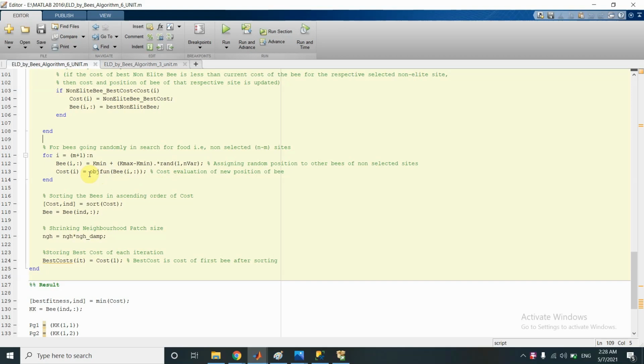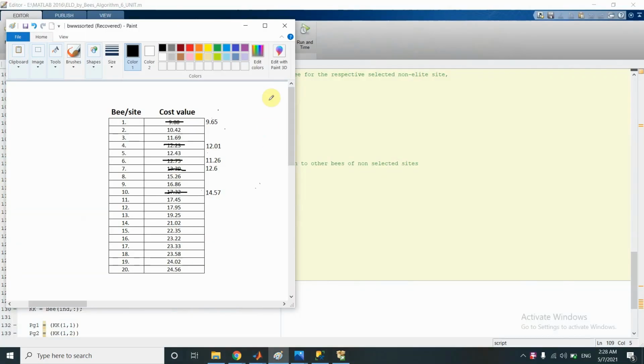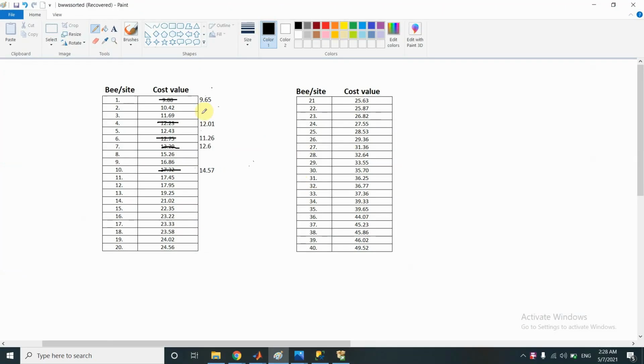we then once again take a look at the cost matrix or cost array should we say.